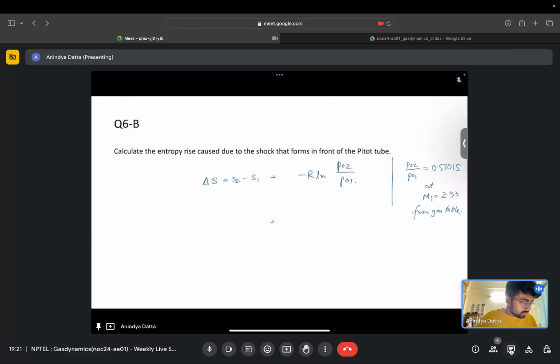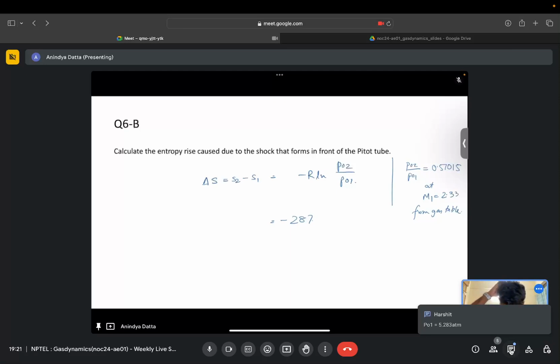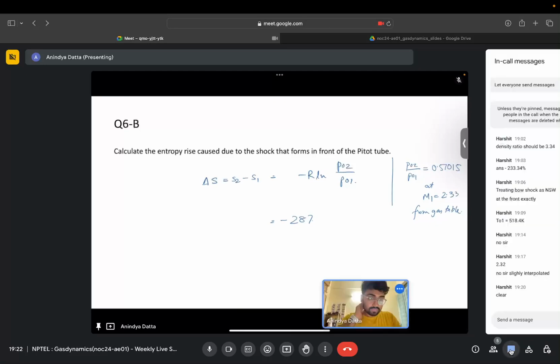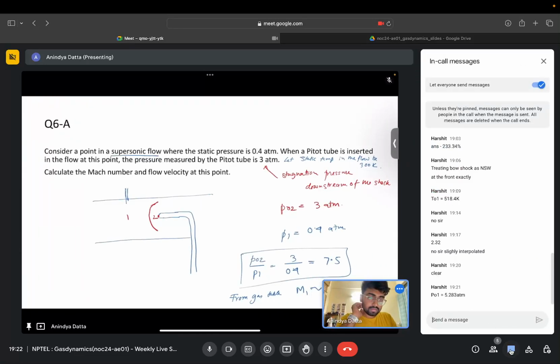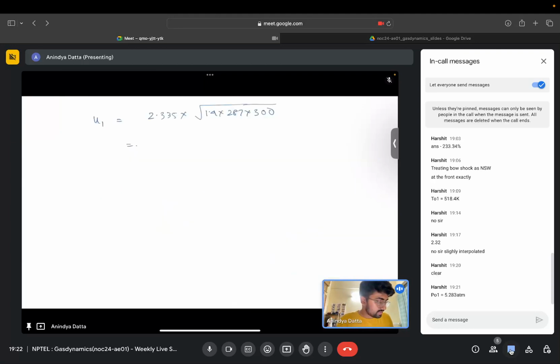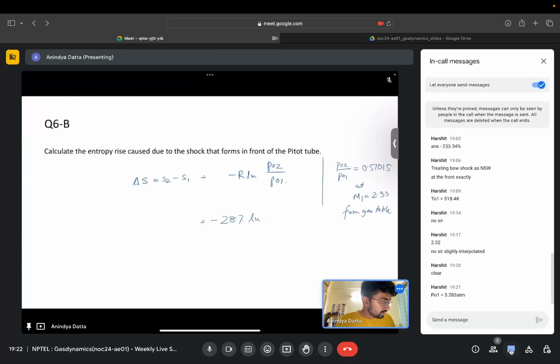So minus 287. Yeah, sorry, what are you saying? Yeah, we don't need to find P01 and P02 separately here, because what we are interested in is the ratio. So this is 0.15.